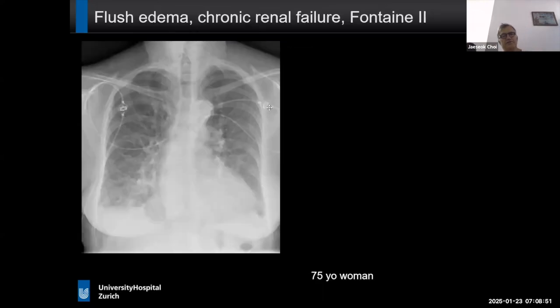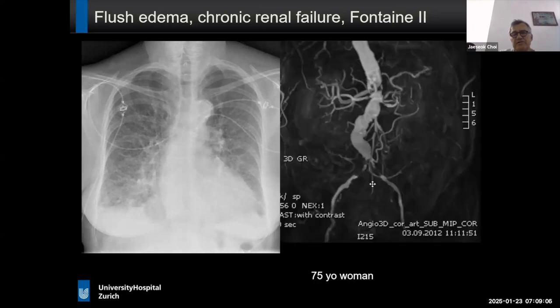I'll give you a few examples. That's a 75-year-old woman with a history of smoking and hypertension who presented with a lung edema, and she had earlier on revascularization, as you can see here, of the abdominal MRA of both iliac artery stenosis by stents.